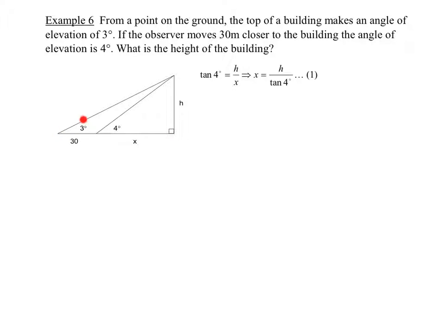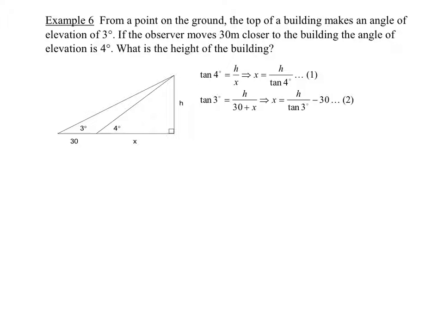So if we set up an equation from this big triangle, instead of tan of 4 degrees, it's going to be tan of 3 degrees equals the opposite, which is h, divided by 30 plus x. And again, we can rearrange that equation a little bit. If we rearrange it for x, it'll look like this.